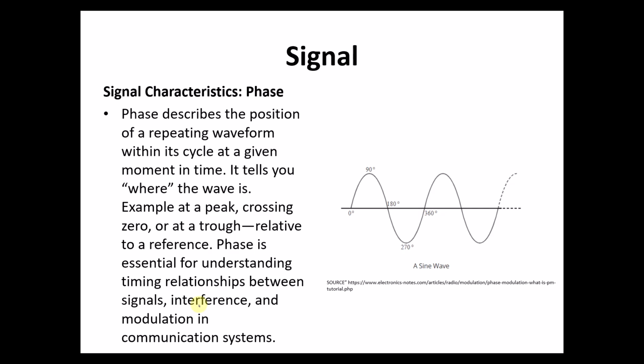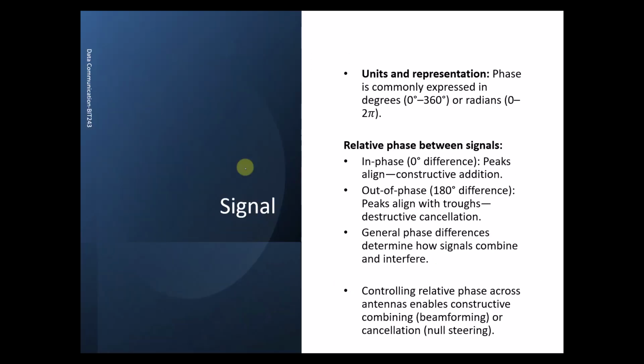That is what we call modulation in communication systems. Controlling relative phase across antennas enables constructive combining, that is what I've shown in the description, or cancellation. We call that beam steering.